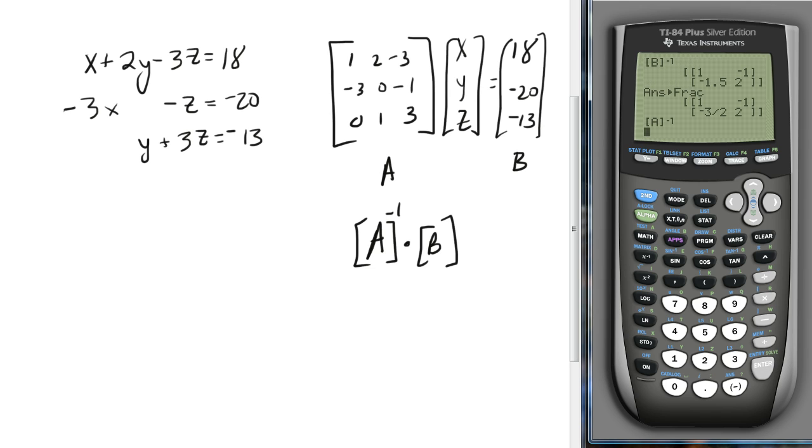And type in second matrix and enter. I'll do it under B. And this time we have to change. So it's 3 by 1. And just type in the answers: 18, -20, -13.